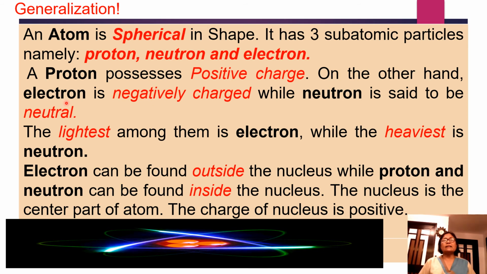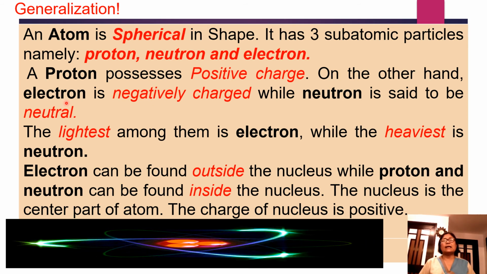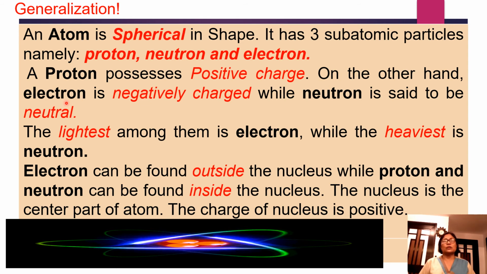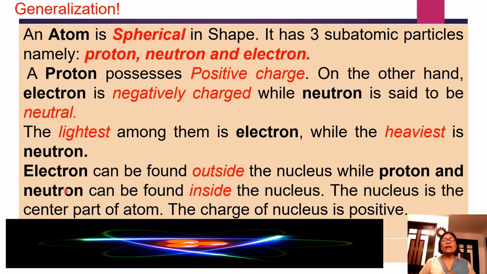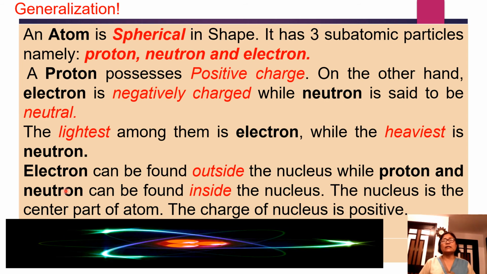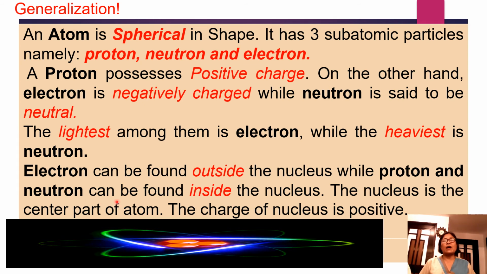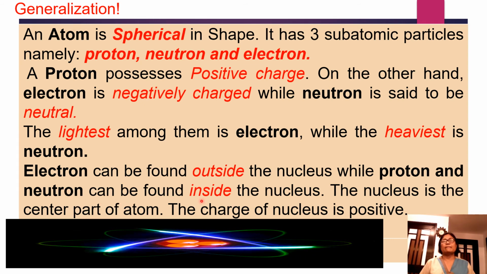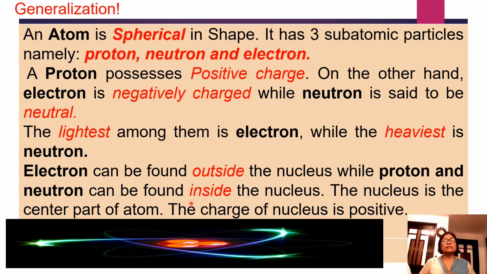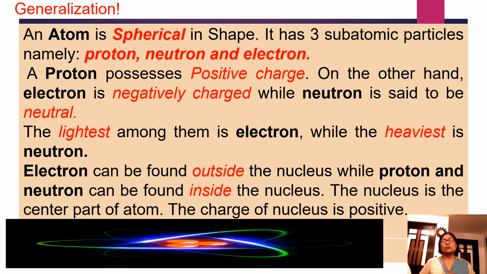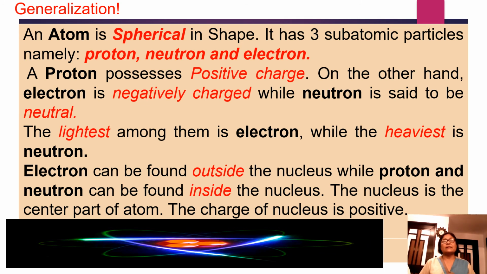And the lightest among them is the electron, while the heaviest is the neutron. So the electron can be found outside the nucleus, while the proton and neutron can be found inside the nucleus. The nucleus is the center part of an atom, and the charge of the nucleus is positive.